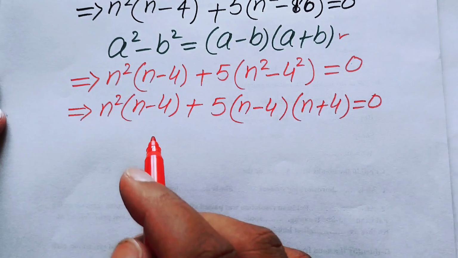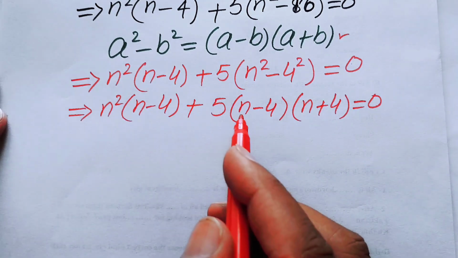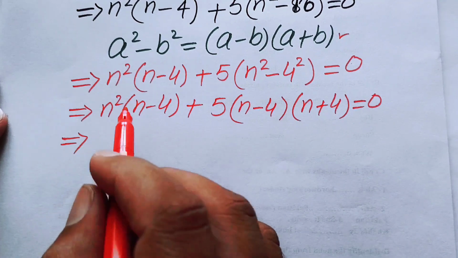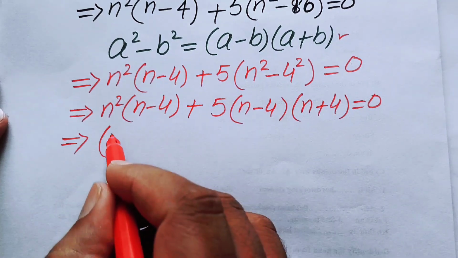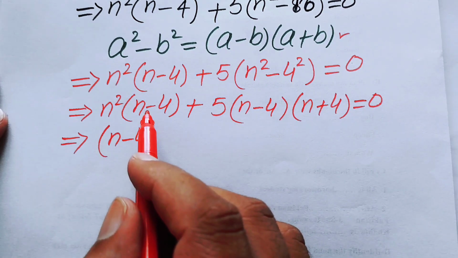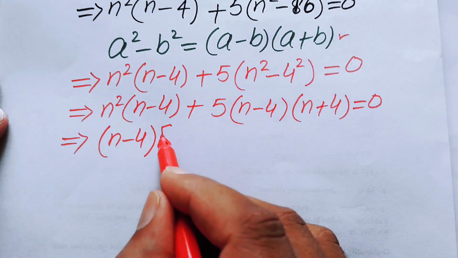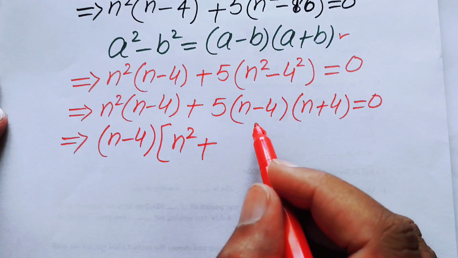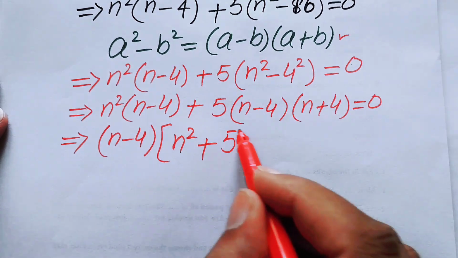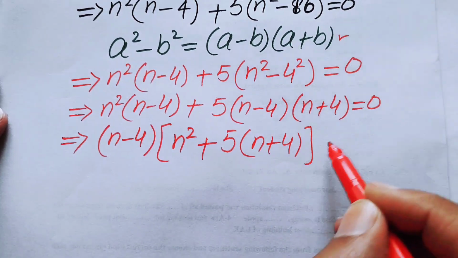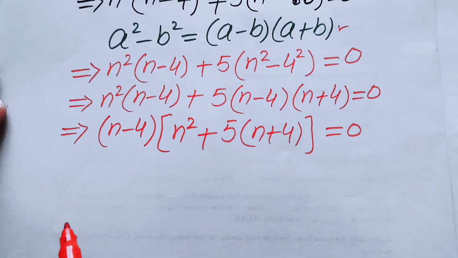And now you can see that we have n minus 4 as the common factor in both of the terms, so we take it common, and you get n minus 4 times, because here you take common n minus 4 and you get n squared, plus here you take common n minus 4 and you get 5 times n plus 4, and the whole is equal to 0.